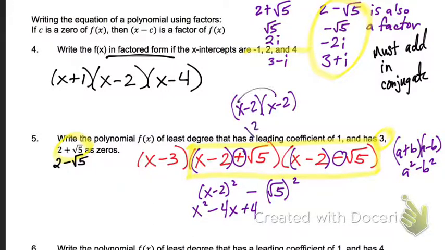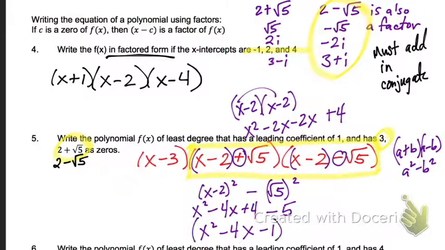Then combine like terms. I just do it in one step, but if you want to do it the long way, that's okay. Minus, and then root 5 squared just becomes 5. Then I simplify it, so x squared minus 4x minus 1.